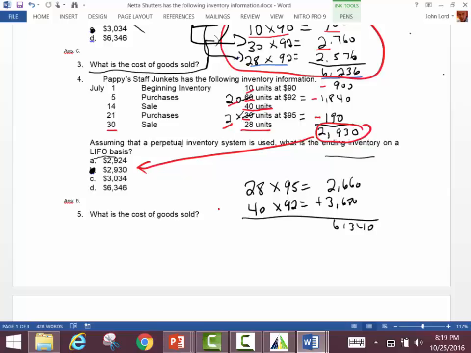Yeah, you want to do it? Okay, good. Let's try it. So LIFO, right? So last in, first out. Oh, you know what? This one's kind of a hard one. I'll tell you what. I'll do this one, and then you can do. I'll do ending inventory. Then you can do cost of goods sold. How's that?